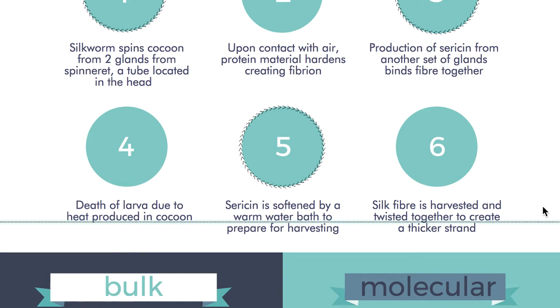Stage number five, the sericin that was produced in stage number three is softened by a warm water bath to prepare for harvesting. Another way that it can be harvested is in stage number six, when the silk fiber is harvested and twisted together to create a thicker strand used for materials, silk, and in clothing.